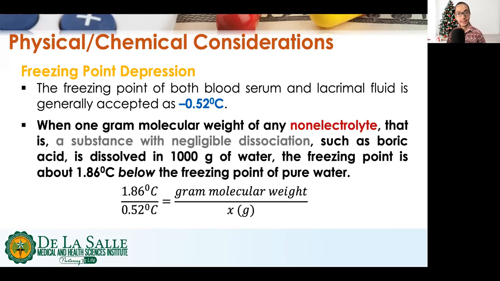Take note that both the numerator and the denominator here are the quantities of the solute per 1,000 grams or 1 kilogram of the solvent. Meaning to say, a molal solution of any substance has a freezing point that is negative 1.86 degrees Celsius times i, the dissociation factor, which is also known as the Van't Hoff factor, which we already discussed last time.